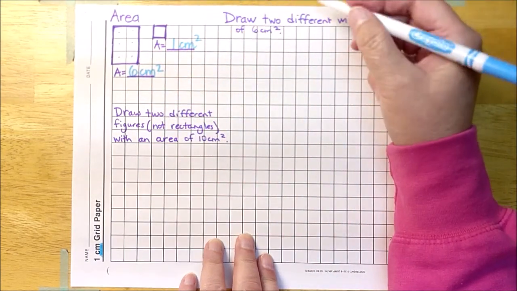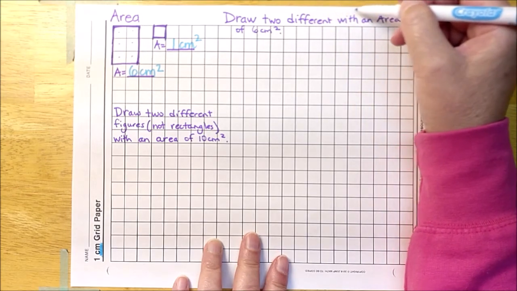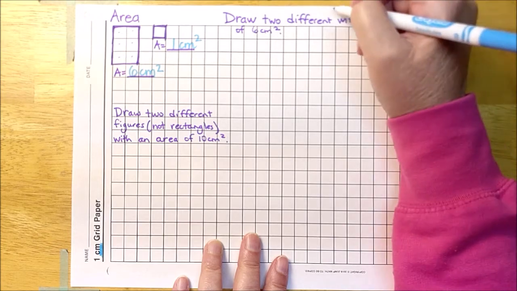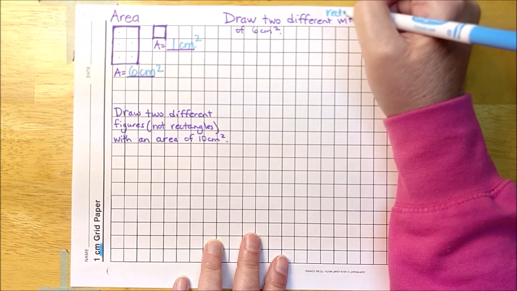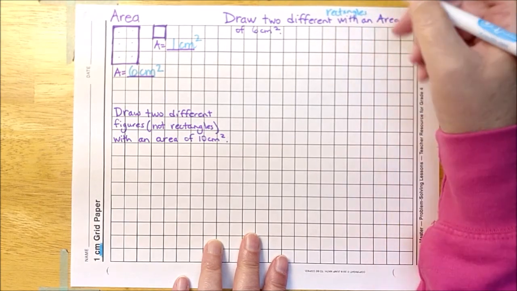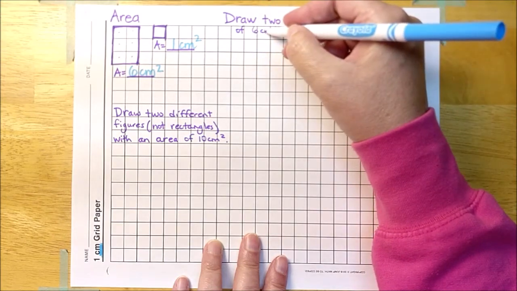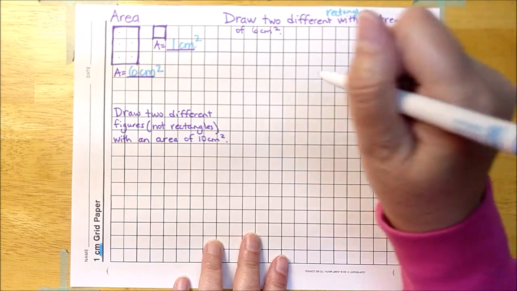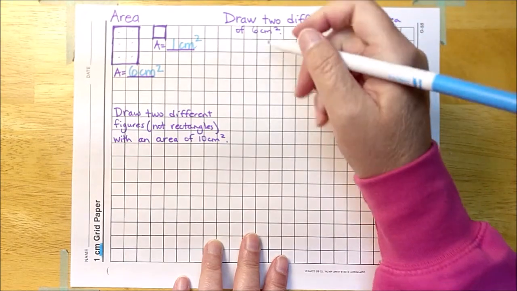So now they would like me to draw two different, yipes, I forgot to put the word there, rectangles. So I'm going to be drawing rectangles with an area of 6 centimeters squared. So I need to draw 2 rectangles that have 6 squares inside them.